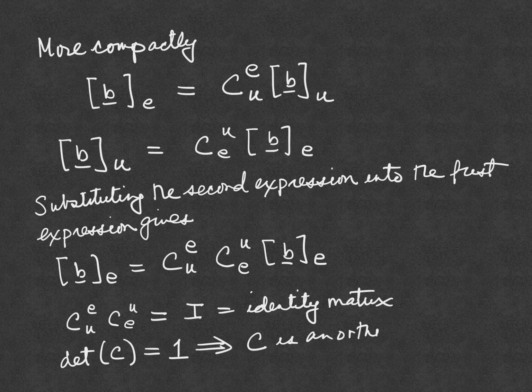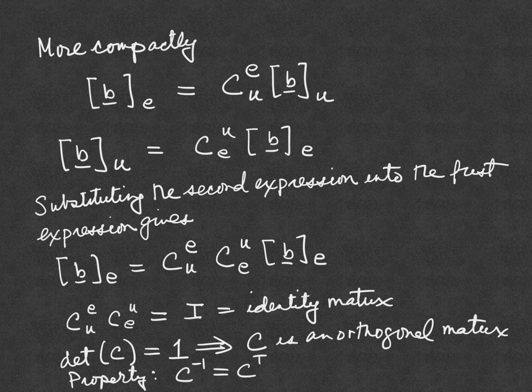An orthogonal matrix has a property that is worth noting: the inverse of an orthogonal matrix is equal to its transpose.